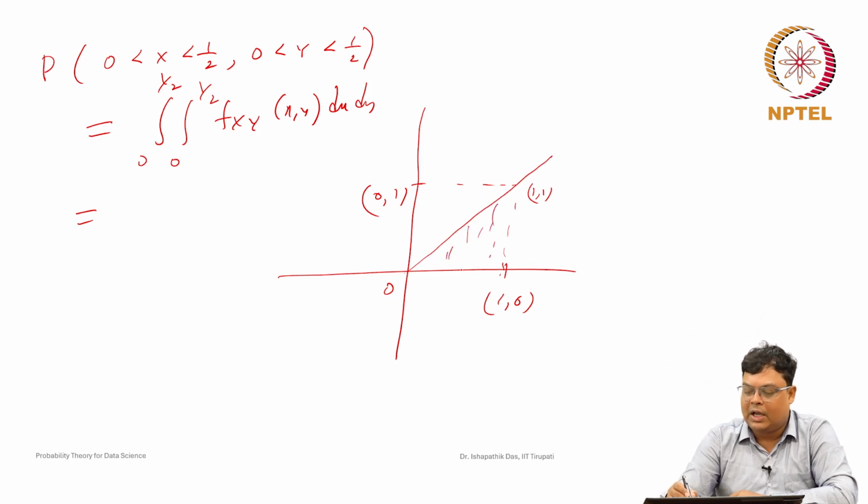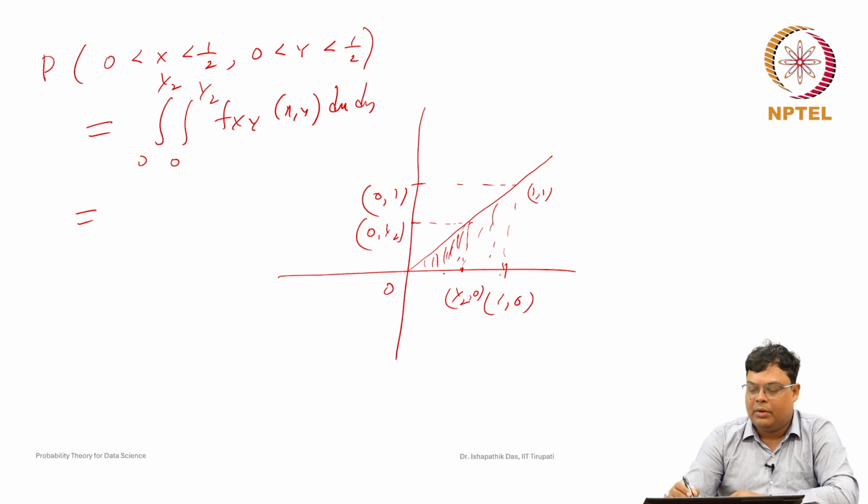Now, if you take this half, x from 0 to half and y from 0 to half, then we have to do the integration over this region. This area will be proportional to 1/2 into 1/2, 1/4, 1/8 actually. So, that is why we have to find it.